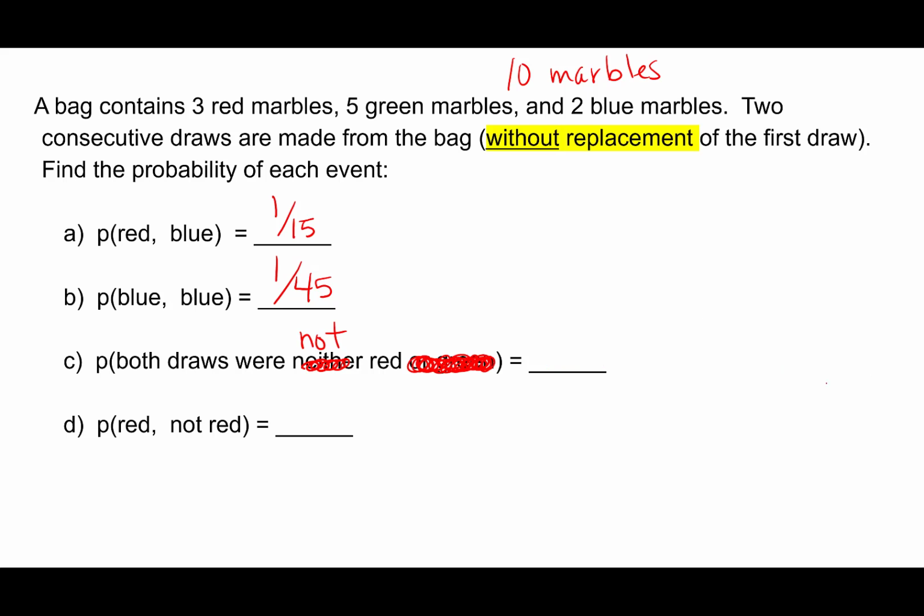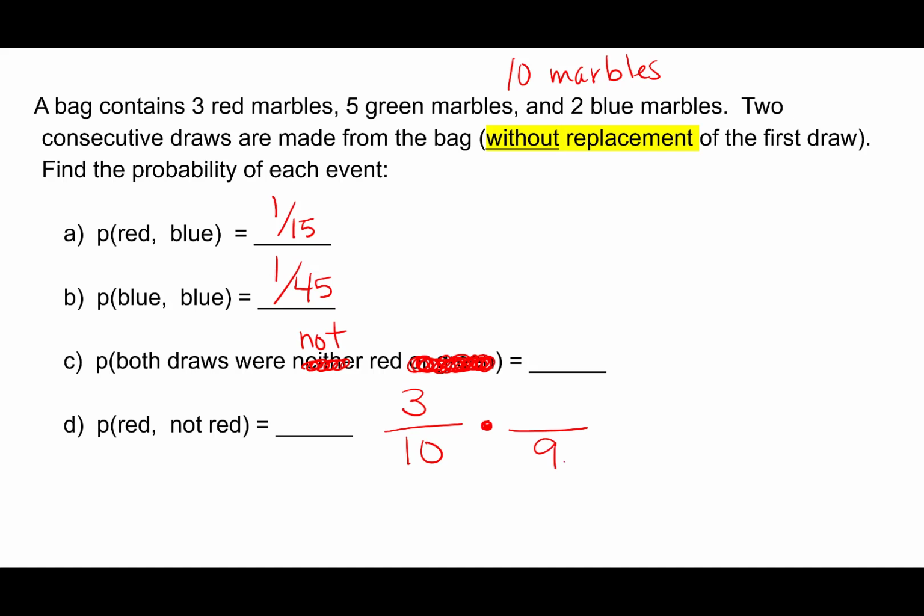Okay, one more question. This one says, what is the probability that the first marble will be red and the second marble will not be red? So almost like the previous problem, but a little different. Okay, so if we think about this, now all 10 marbles are back in the bag, so my denominator will be 10. 3 out of those 10 are red marbles, so that's the first fraction. Now we need to multiply by the fraction of not red.